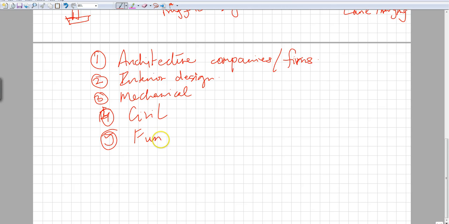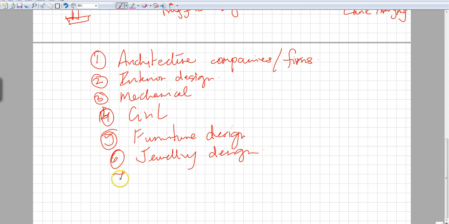then fifth would be furniture design, sixth would be jewelry design, seventh would be military, okay. Eighth is all branches of engineering.